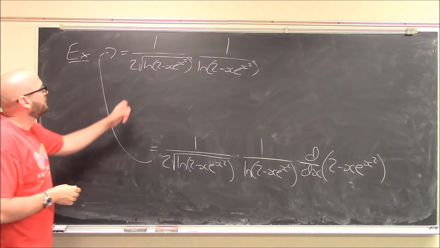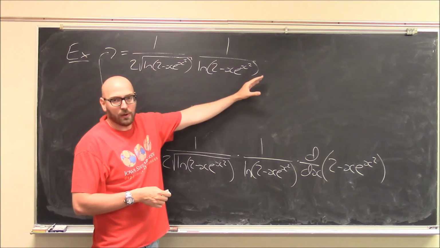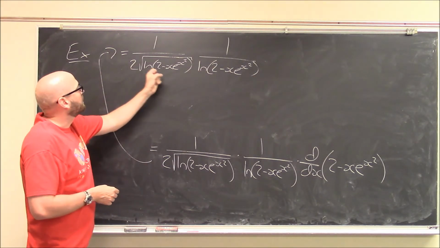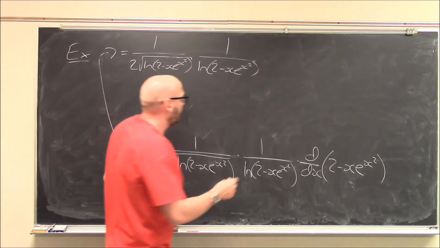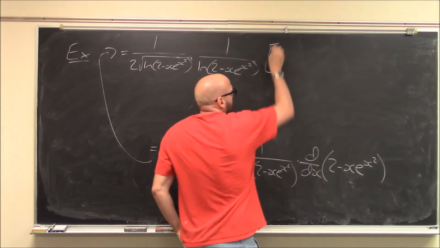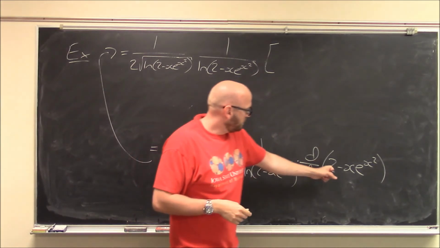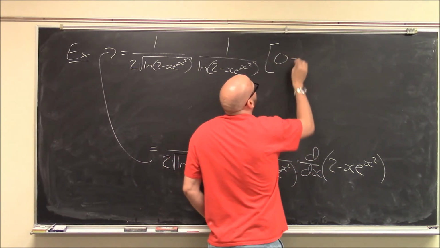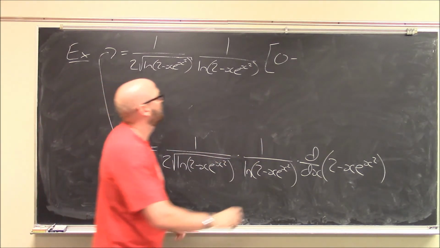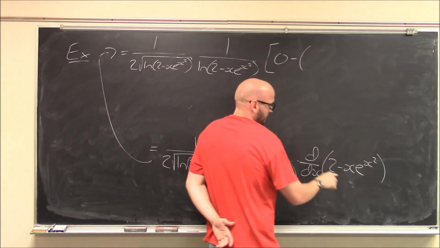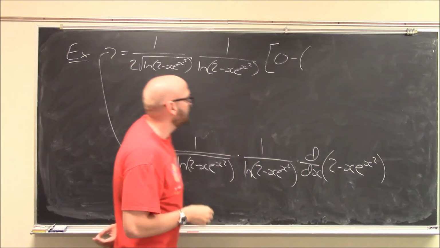Oh, what I can actually do is I've got a 1/2 power and a whole power, so I can write that as ln of 2 minus x e to the x squared to the power of 3/2, but we'll do that on the next line. Times this derivative. Derivative of 2 is 0, minus this stuff. So minus the derivative of x e to the x squared.